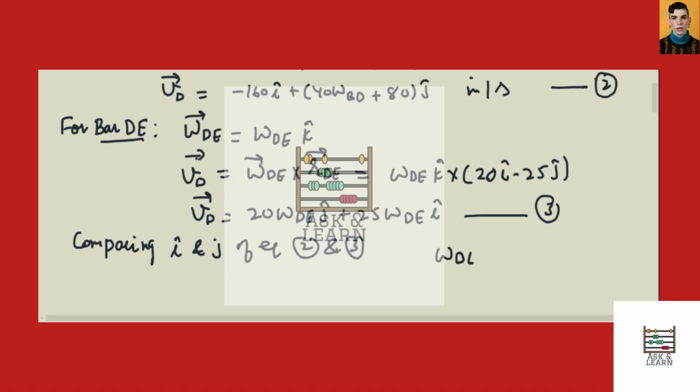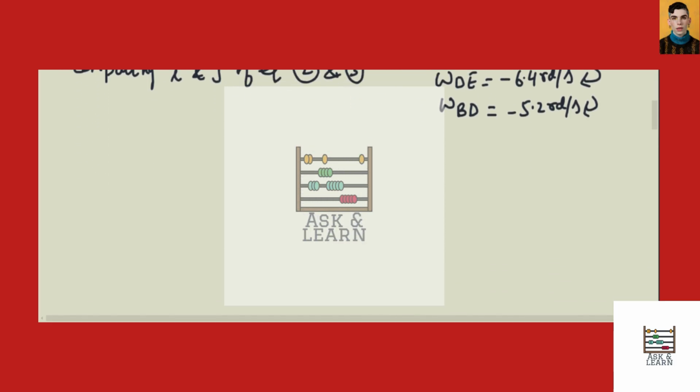Omega DE you will get as minus 6.4 radian per second, that is in clockwise direction, and omega BD you can write as minus 5.2 radian per second in clockwise direction. Now we will do the acceleration analysis, the same as we have done for velocity analysis.